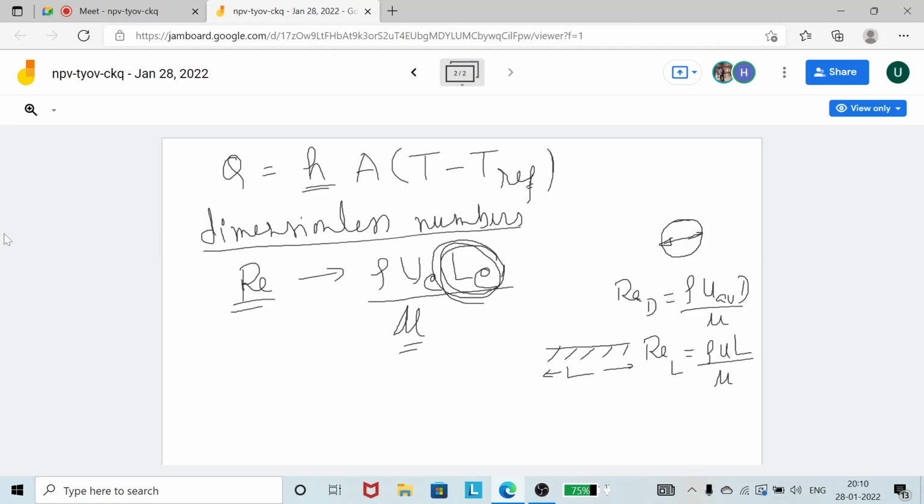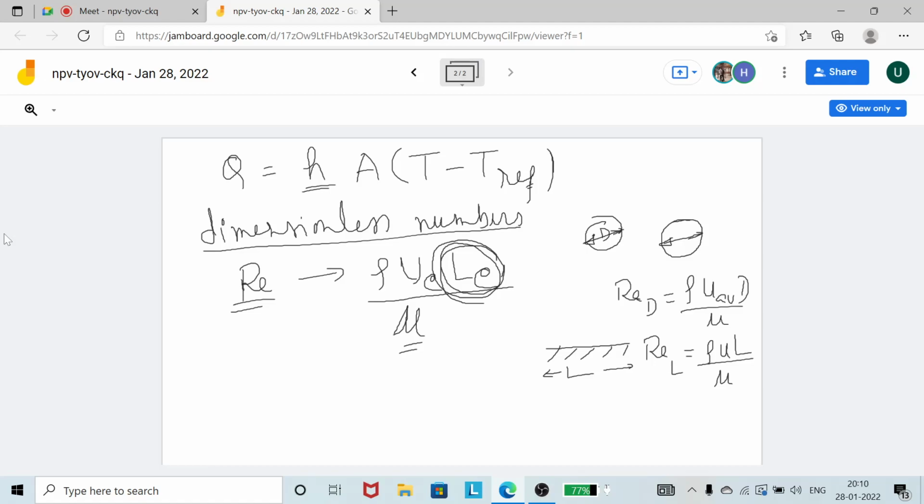There is some freedom in defining it. For a circular thing, obviously the choice will be the diameter, and some kind of velocity. For a pipe flow, the average velocity is the characteristic velocity. So remember, it can be rho velocity D, rho velocity length, anything.